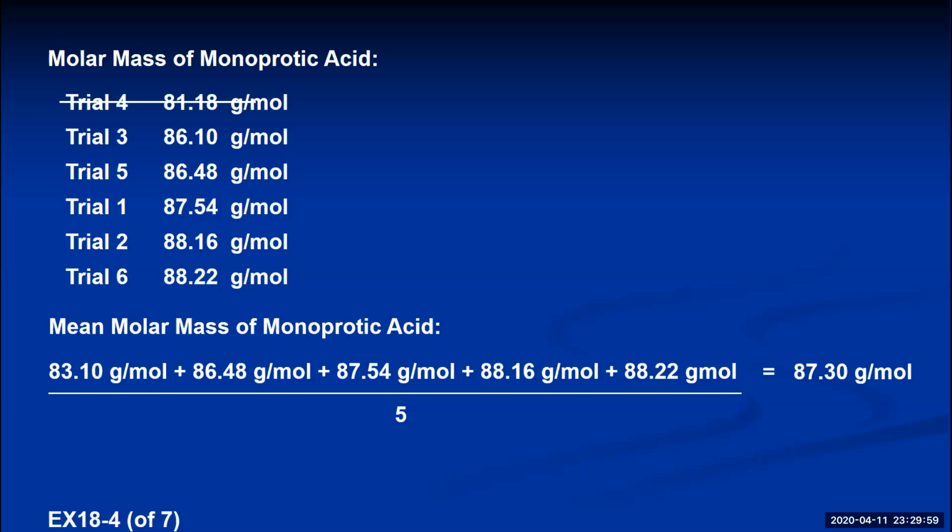And so I calculate a mean value of 87.30 grams per mole. And so in your data table, you would enter the mean molar mass of the monoprotic acid as 87.30. That's one statistical calculation you're going to want to do.